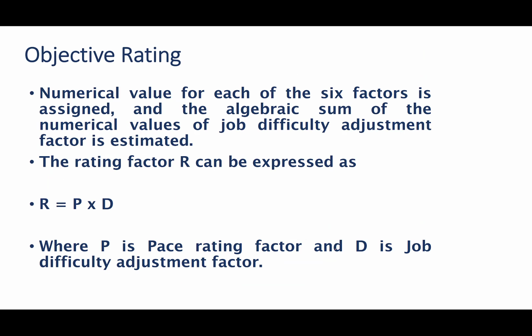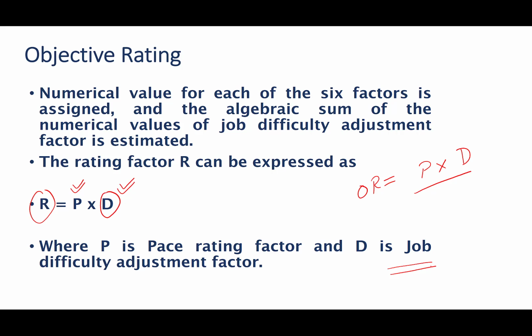Once the numerical values related to the degree of difficulty are identified, the pace rating is used to determine the objective rating. So objective rating combines the pace rating and the degree of difficulty associated with the job. This is more advanced in nature.